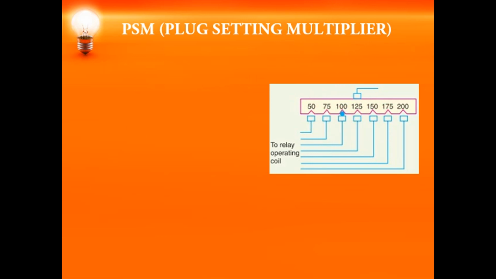An overcurrent relay which is used to protect against phase-to-phase faults is set to around 50% to 200% of the rated current.